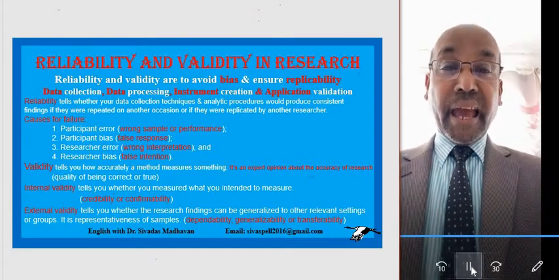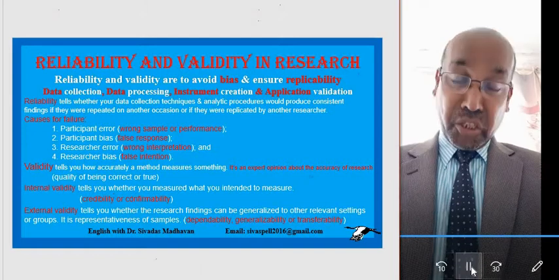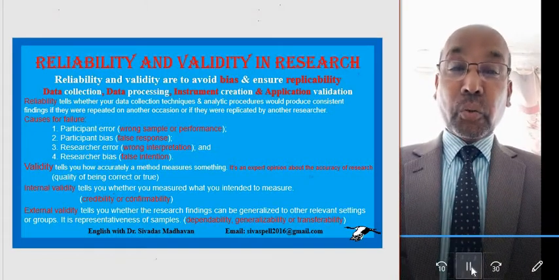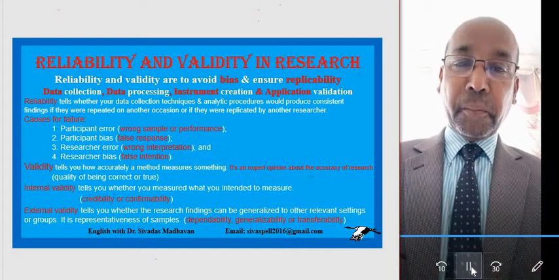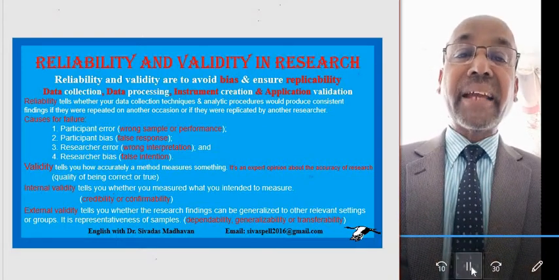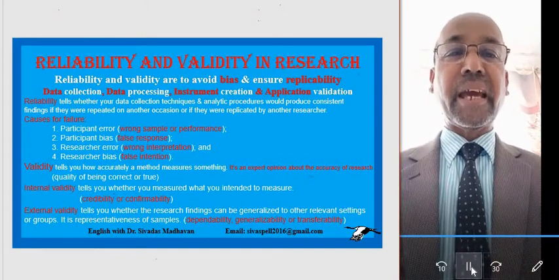So validity and reliability are essential parts of research methods. So it shows whether your research design and research method are valid and reliable. That's all about reliability and validity.